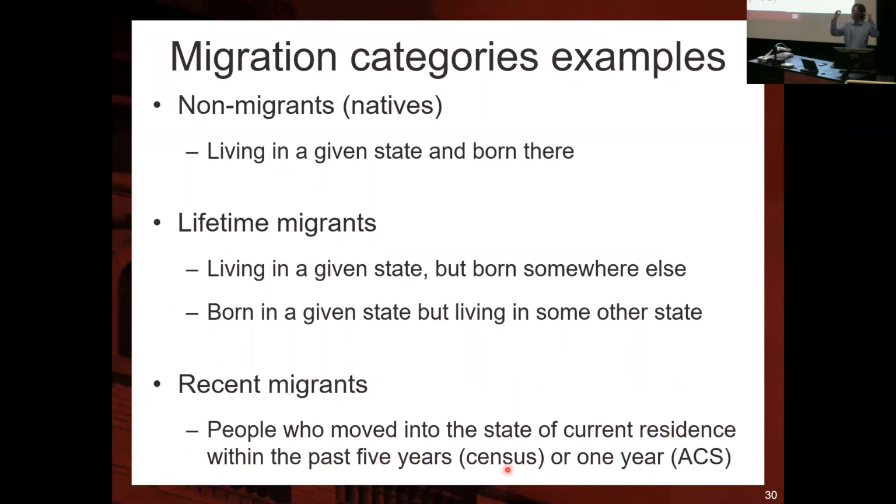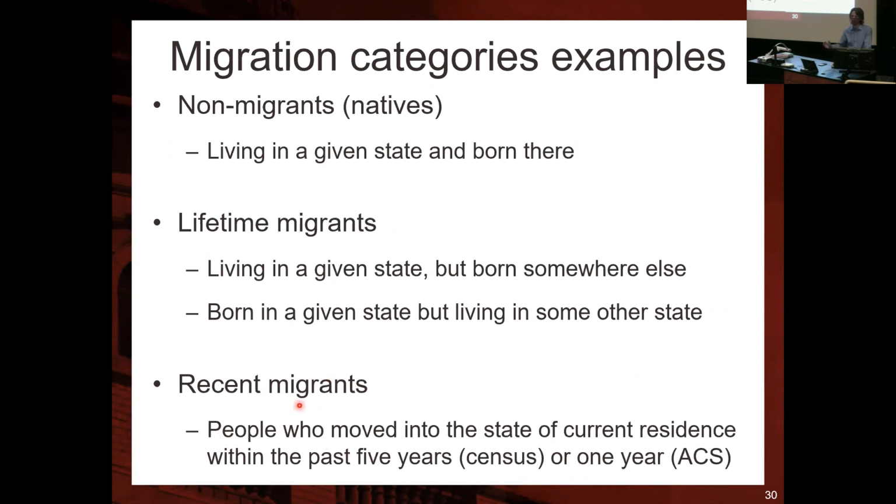So I can categorize people into these three groups here. Let's say that someone was born in New York, and then that person throughout their life moved to California, and now is living in Texas. And moved from California to Texas from 2019 to 2020. So that person would be a recent migrant.